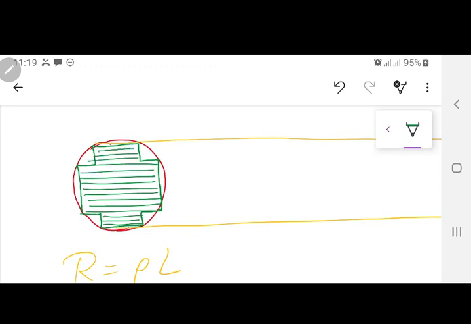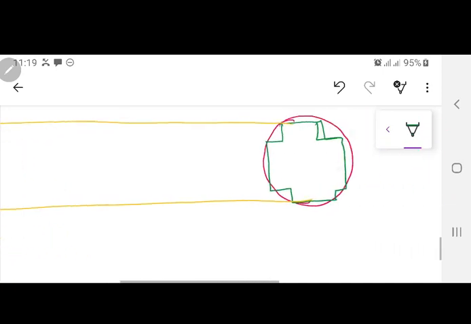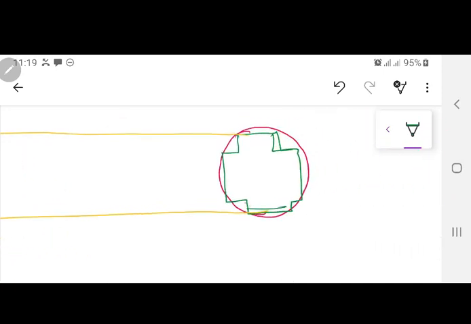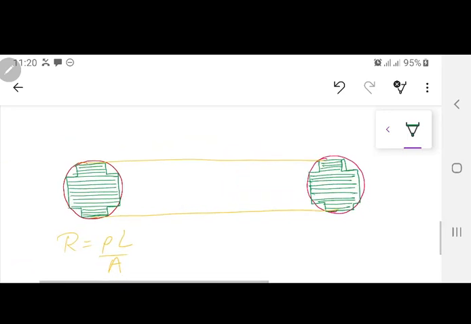ठीक है, ये आप ऊपर से देख रहे हो, you are seeing the laminations like this over there. Similarly, you will see the laminations on this limb over here like this. So these two are the limbs of your transformer.